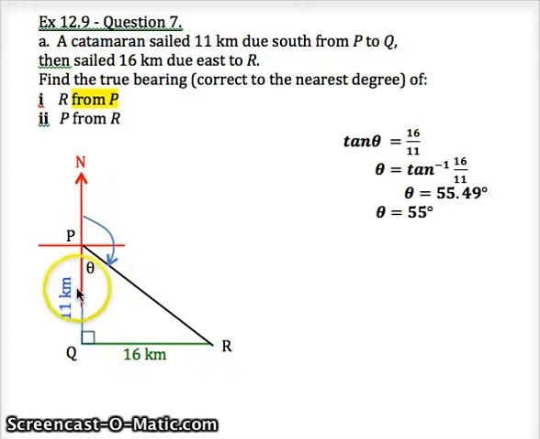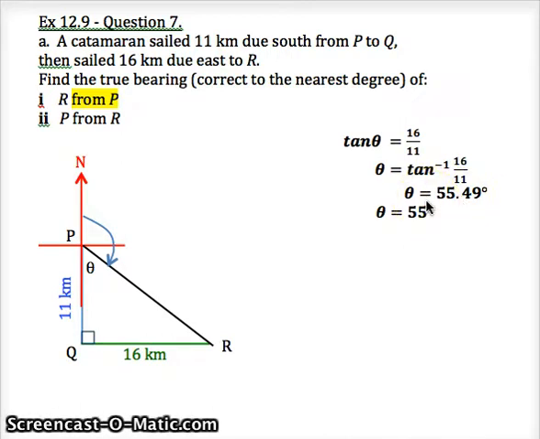So I've just got the working out here to work out what theta is. We start with tan theta is 16 over 11. So therefore, to find the angle theta, it's tan to the minus 1 of 16 over 11. And when you do that on your calculator, you get that theta is 55.49 degrees. Now remember, this is a decimal at the moment. So 0.49 is just underneath 0.5.